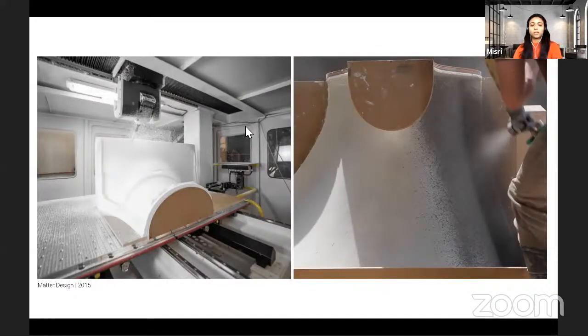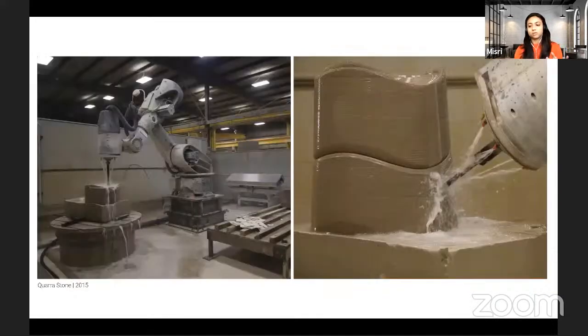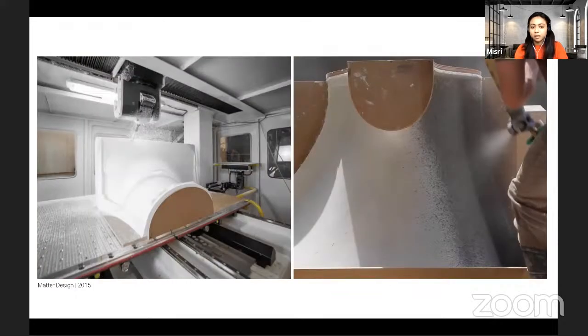And there's also a quick transition between the material, because you see something like stone, which is a lot harder to deal with, versus something like high density foam, which is a lot more forgiving as a material.